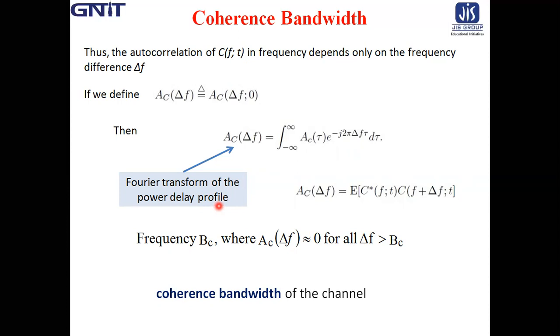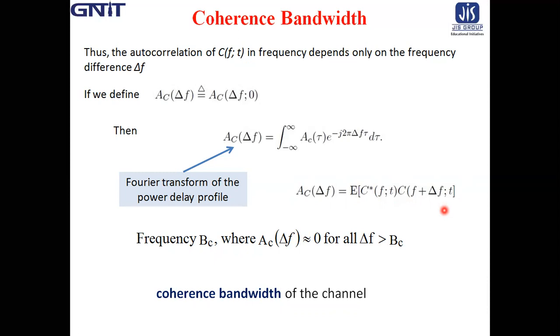We know that A_C(delta f) is the expectation of C conjugate (f, t) times C(f plus delta f, t), an autocorrelation. It follows that the channel response is approximately independent at frequency separations delta f where A_C(delta f) is almost equal to 0.